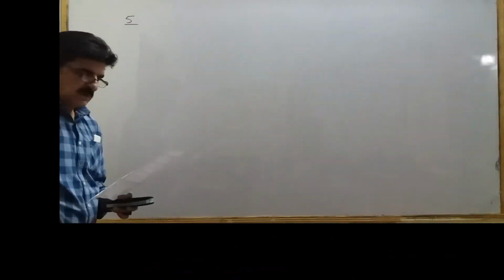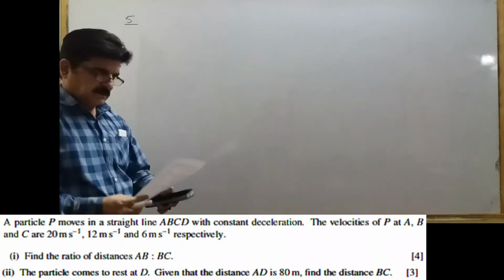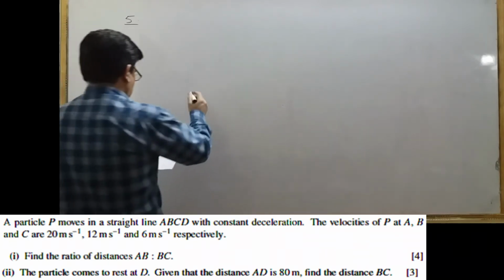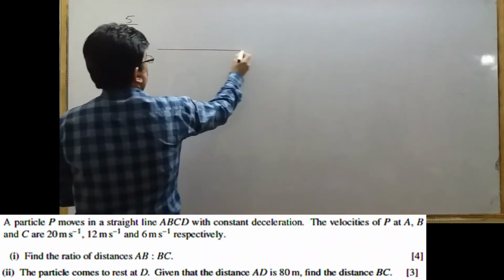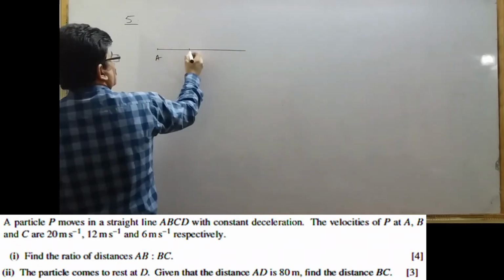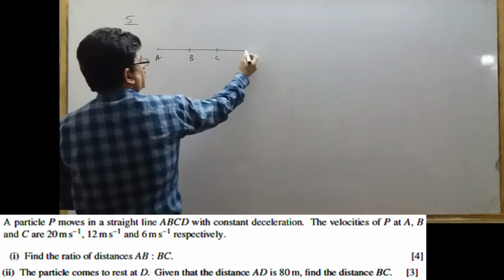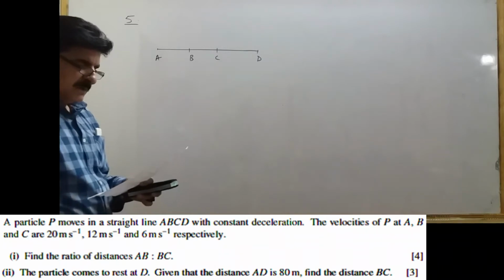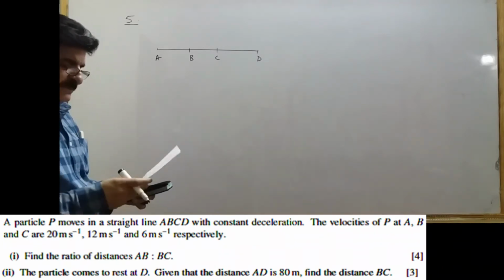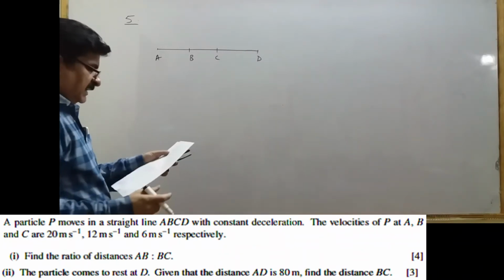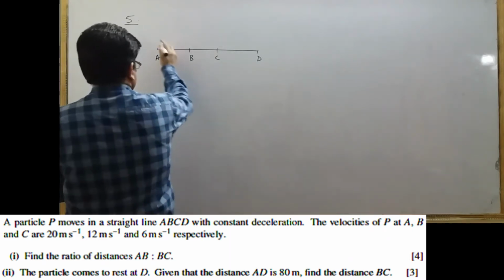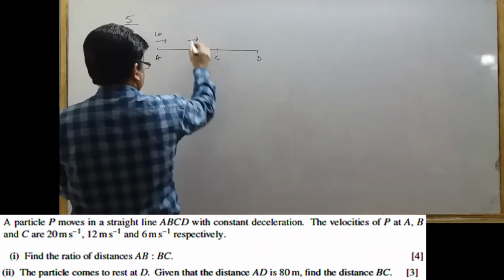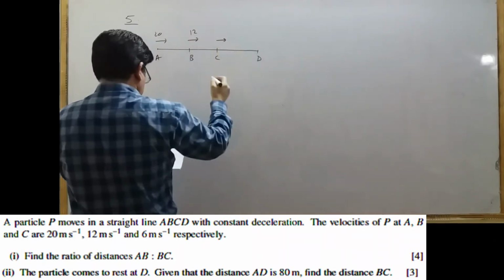Example 5. Read the statement carefully. To understand the question, we make this diagram. It is given that velocities at A, B, C. So here the velocity is 20, here the velocity is 12, here the velocity is 6.